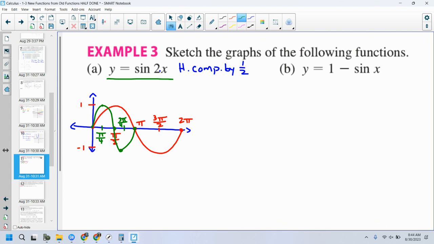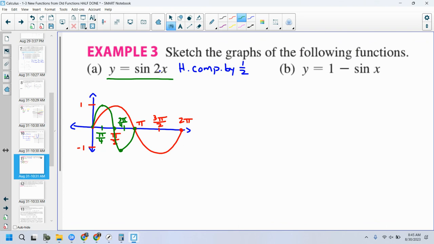We will call that middle point the point of inflection, as we get to later on. That is where it turns from a curve downward to a curve upward, where it starts that change.